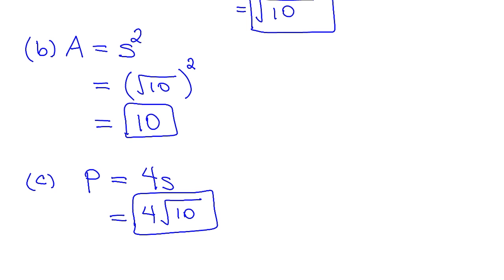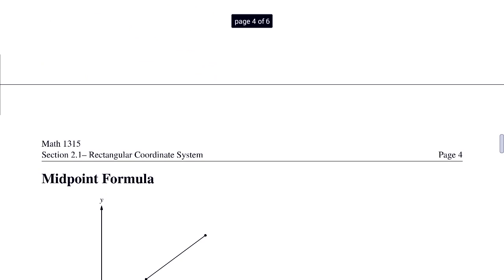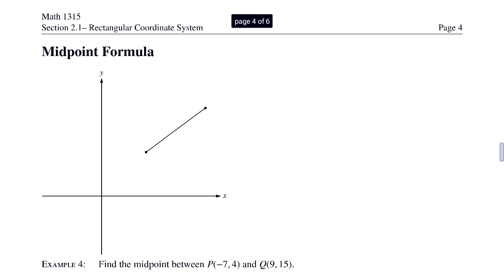Next, let's look at the midpoint formula. Again, we will derive the formula. So let's start by labeling the points A(x1, y1) and B(x2, y2). The midpoint of a segment is the point in the exact center.